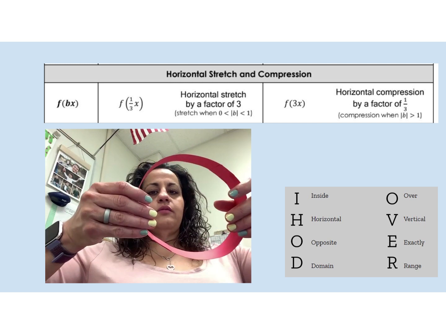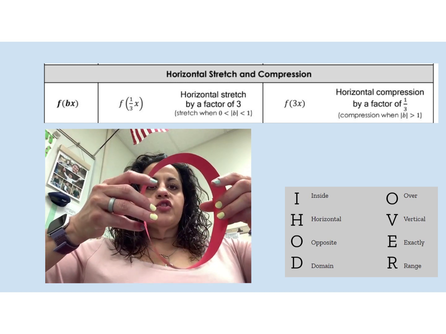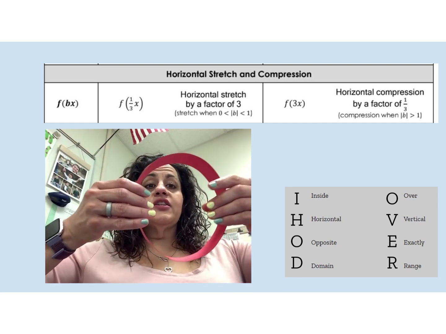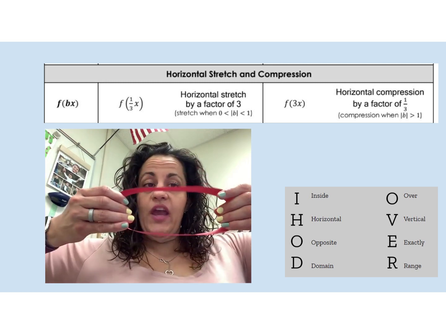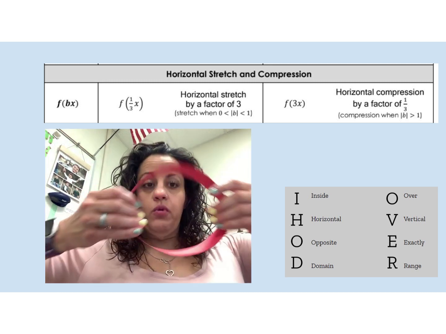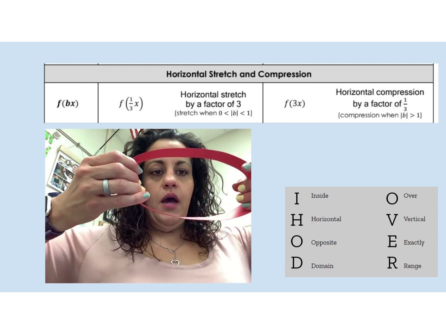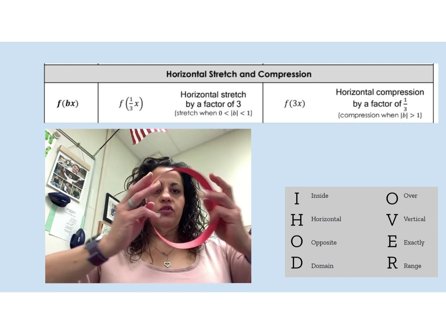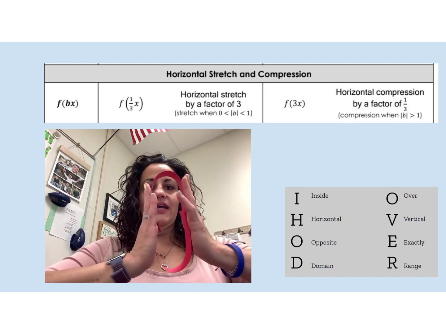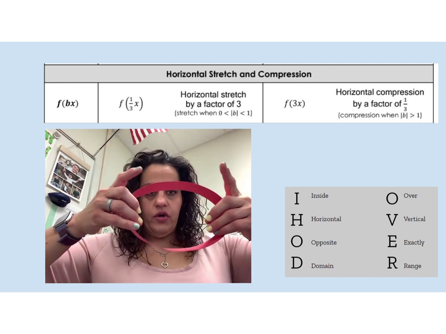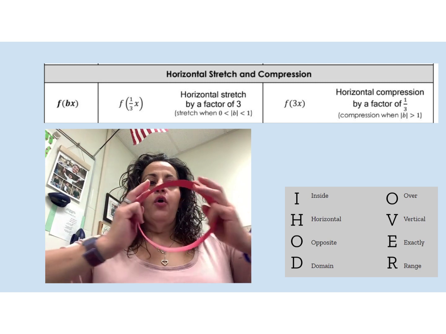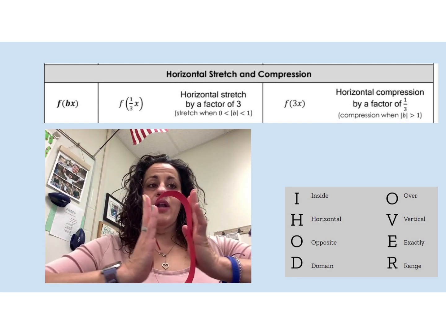Horizontally would mean that I'm holding it this way. To make it wider horizontally, because it's inside the parentheses, we have to make it a stretch. We're pulling this parabola out. When we're talking about a horizontal compression, we're pushing the parabola in. So horizontal stretch makes it wider, and horizontal compression makes it more narrow.